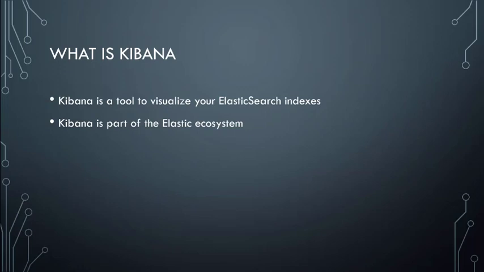Kibana includes a number of graphs by default, such as histograms, line graphs, pie charts, sunbursts, and more, which you can use to visualize the documents in your indexes.